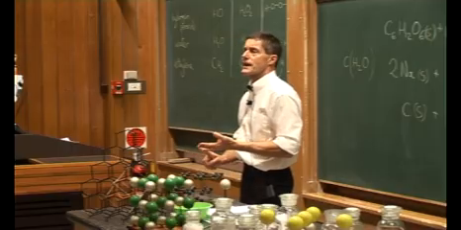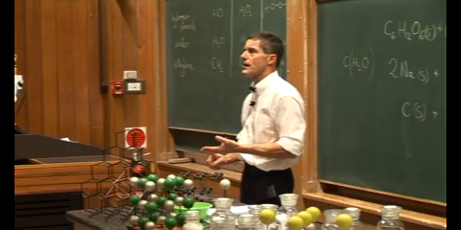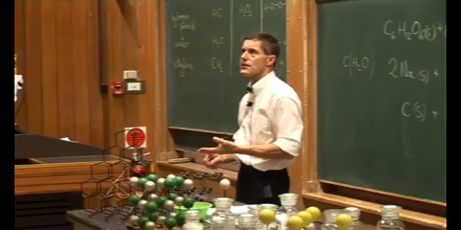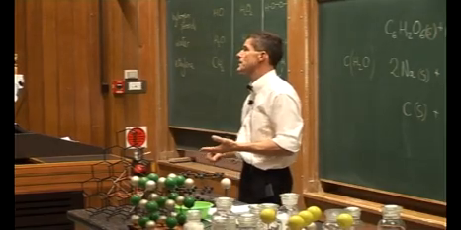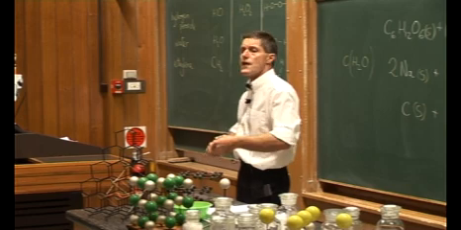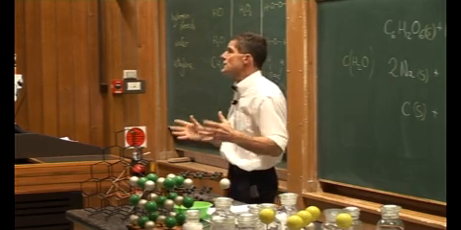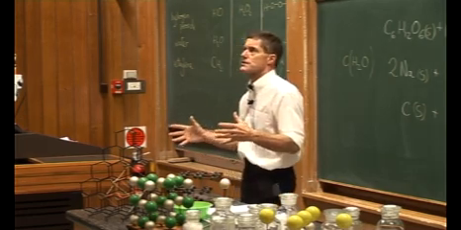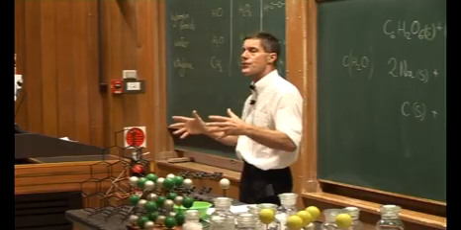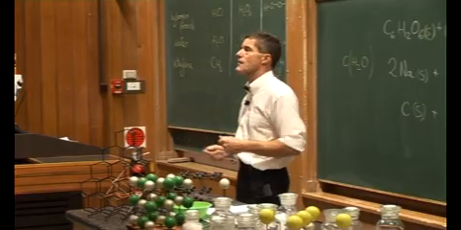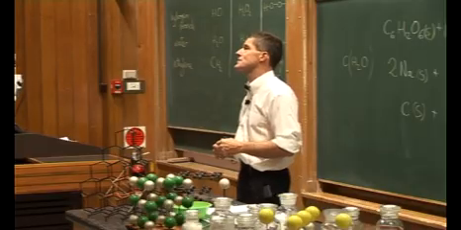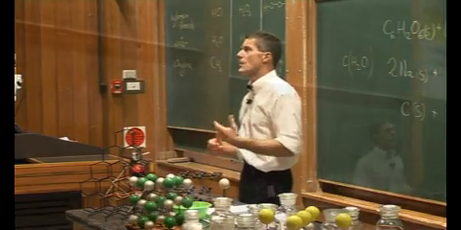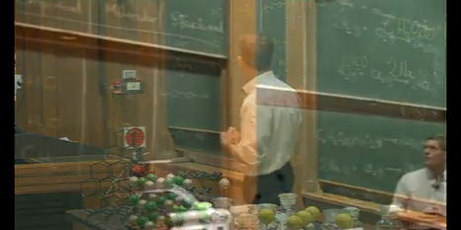For that case, we use a molecular formula where we actually indicate the number of atoms of each type present within the molecule. If we happen to have a giant network type compound where we have a 3-dimensional array of covalent bonds, such as silicon dioxide, then we're back to the empirical formula.